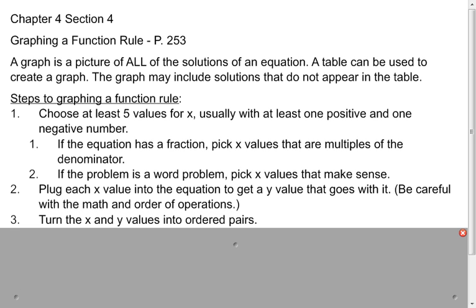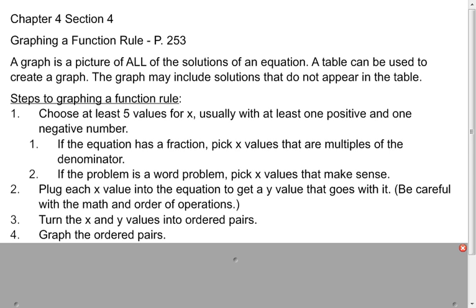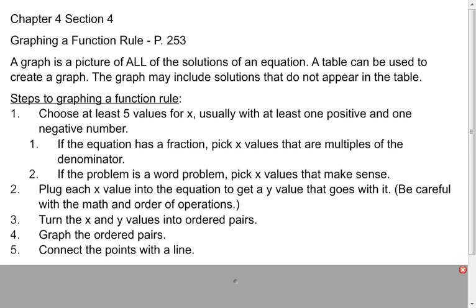Now that you have an x and a y, you can turn that x and y into an ordered pair. Okay? And after you have ordered pairs, you can graph the ordered pairs just like we did in sections 2 and 3. And in section 5, connect your points with a line. Okay, those are your steps when you're graphing a function rule.